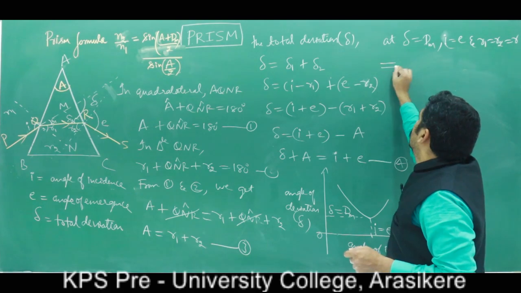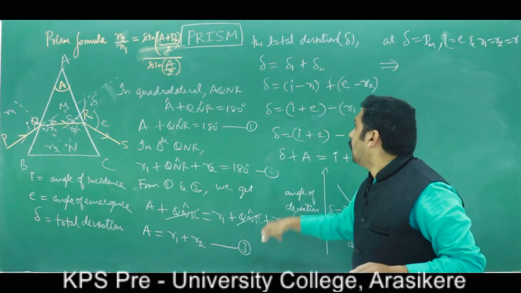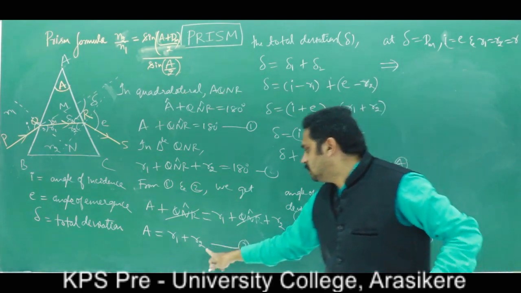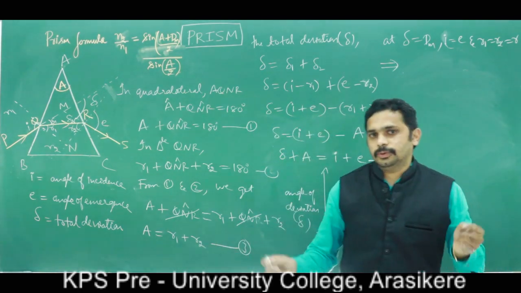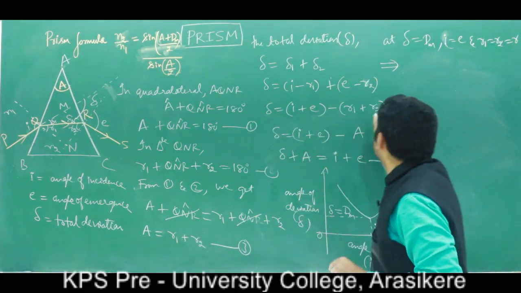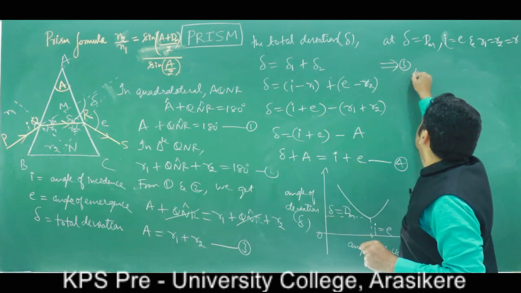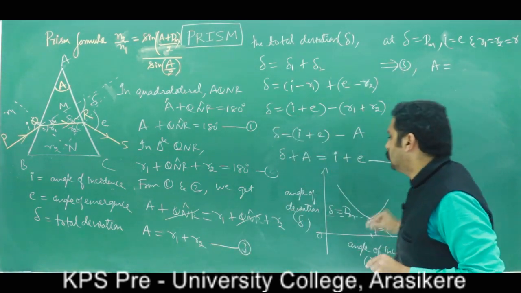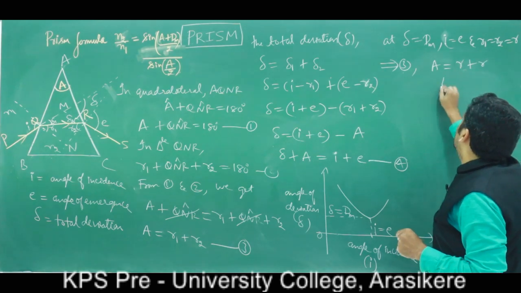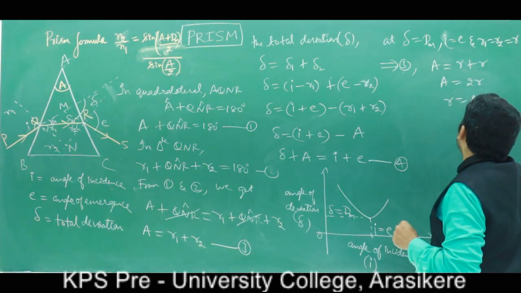Now, I am using this in equations 3 and 4. Look here, this is equation 3: A is equal to R1 plus R2, and at minimum deviation R1 is equal to R2 is equal to R. So A is equal to R plus R, A is equal to 2R, R is equal to A by 2.